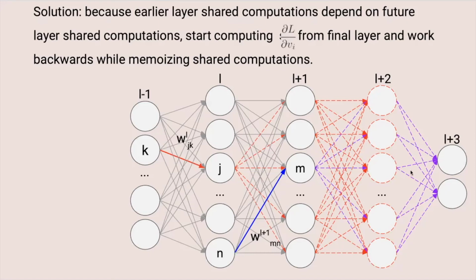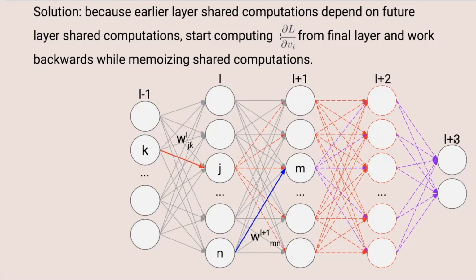And so the idea is that since these earlier layers depend on these shared computations from later layers, right? We can sort of work our way backwards, right? So we could start computing these shared computations in this layer, and then in this layer, and then in this layer, and then in this layer.